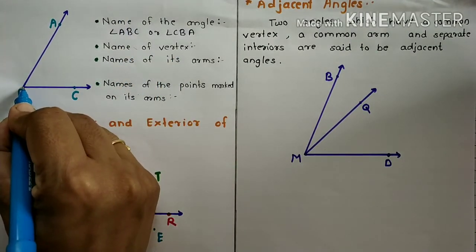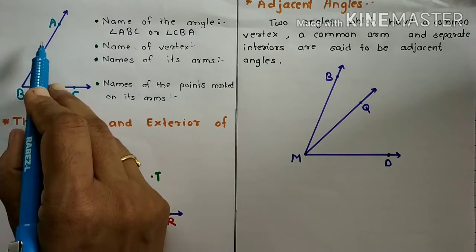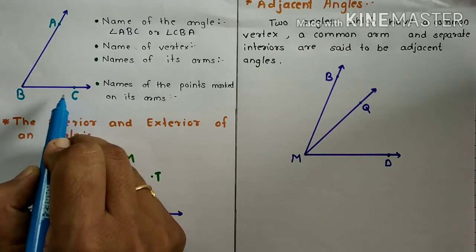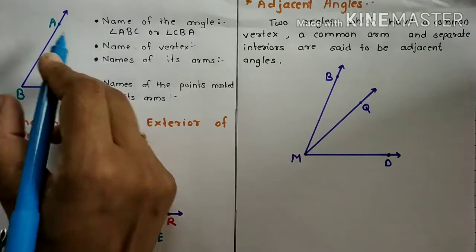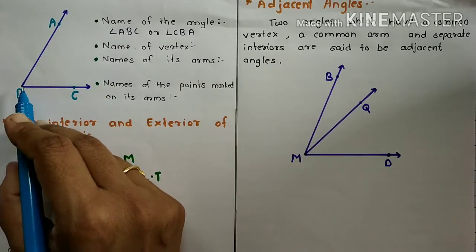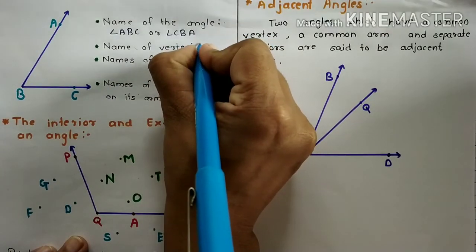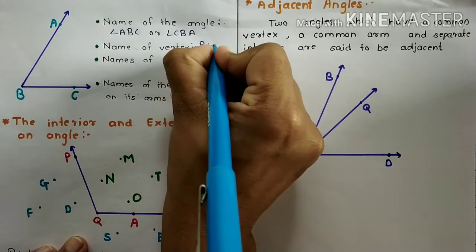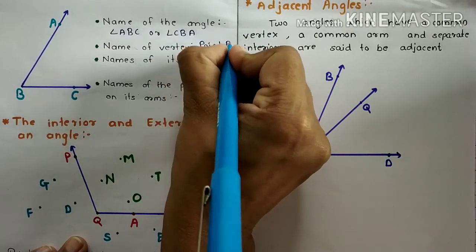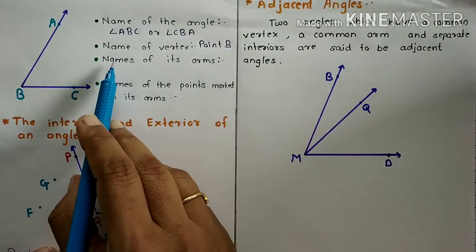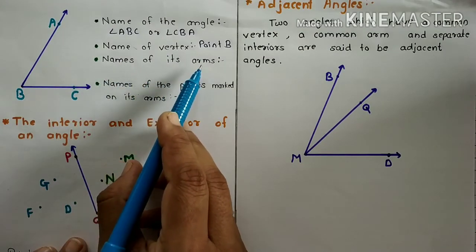Now we have to write the name of the vertex. This point is the vertex of this angle. So the vertex of this angle is point B. So here we write point B. Next, the names of its arms.